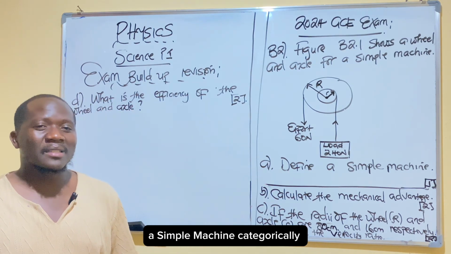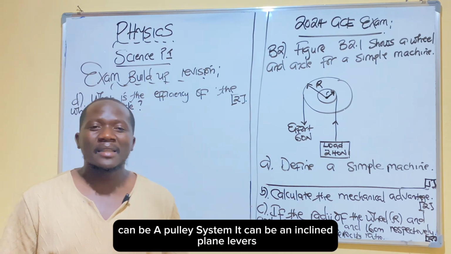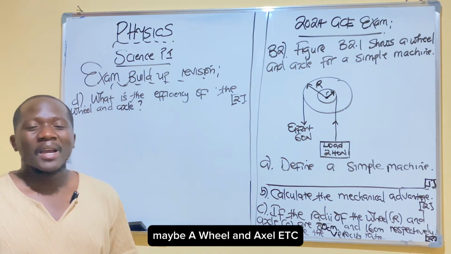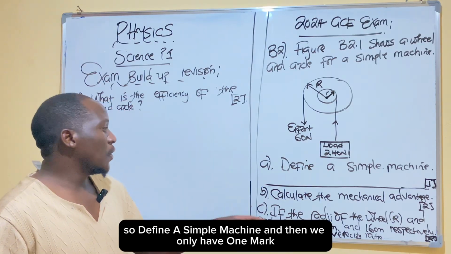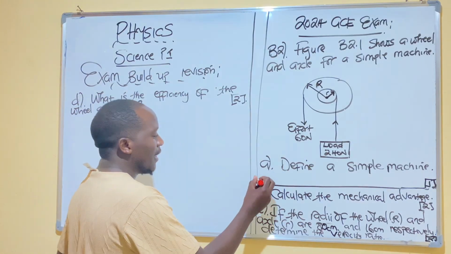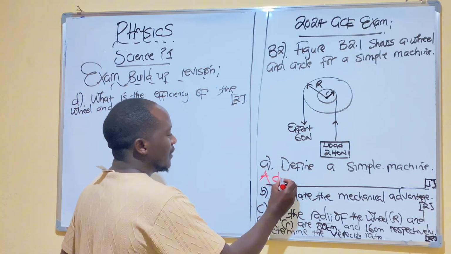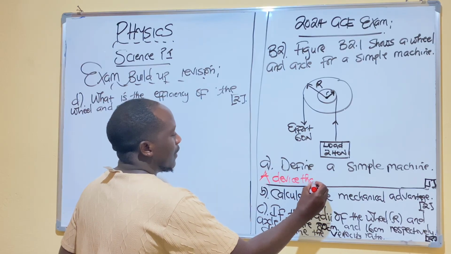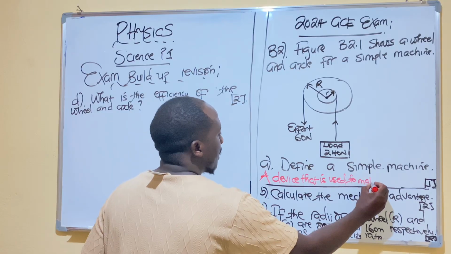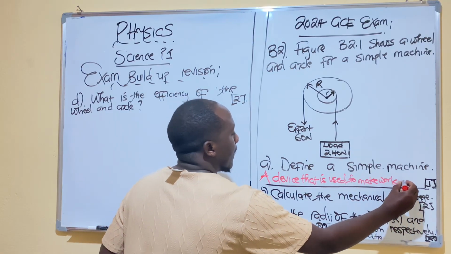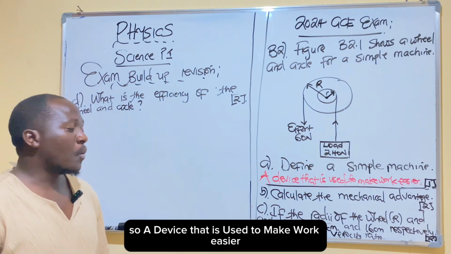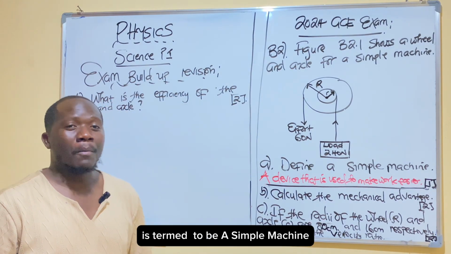And a simple machine categorically can be a pulley system, it can be an inclined plane, levers, maybe a wheel and axle, etc. So define a simple machine, and then we only have one mark, so of course we're going to say this is a device that is used to make work easier. So a device that is used to make work easier is termed to be a simple machine.